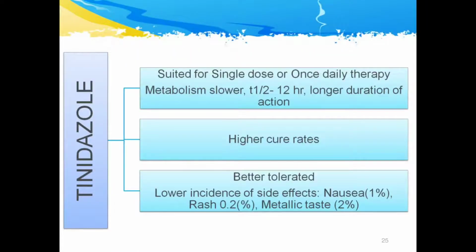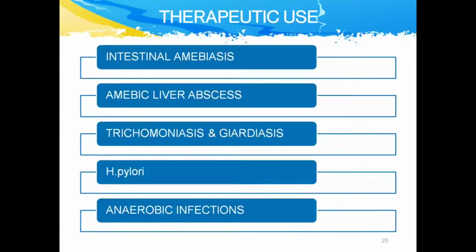Ultimately we have tinidazole, another drug for amoebiasis, suitable for single-dose or once-daily therapy. It is metabolized slowly, with a half-life of 12 hours, longer duration of action, high cure rates at high dose, and is better tolerated, with low incidence of side effects like nausea 8%, rash 0.2% and metallic taste 2%.